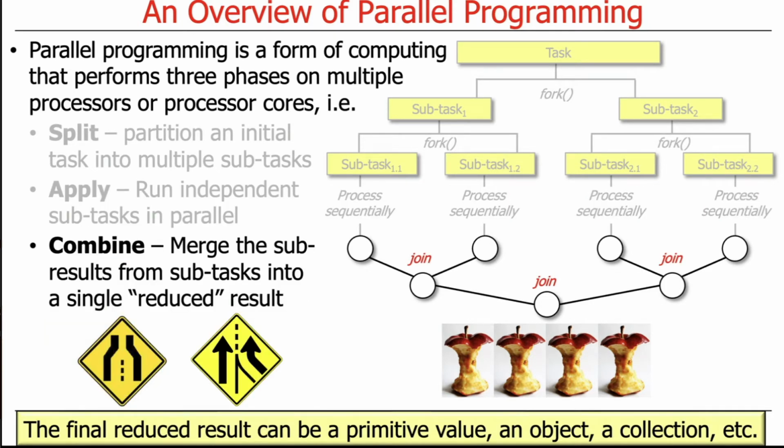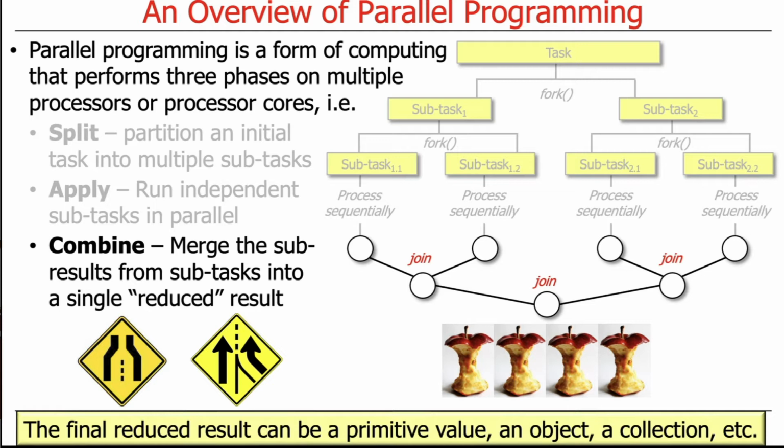And then the third and final phase is the combine phase, where we merge the sub-results from the processing in the subtasks into ultimately a single reduced result. That's usually done by a process called joining. So we have forking, which is splitting, and then joining, which is reassembling and merging.